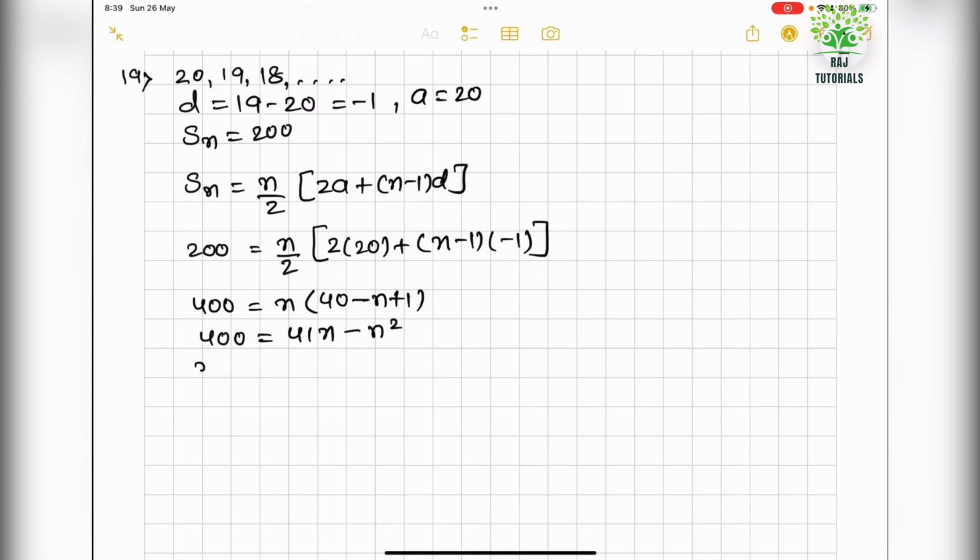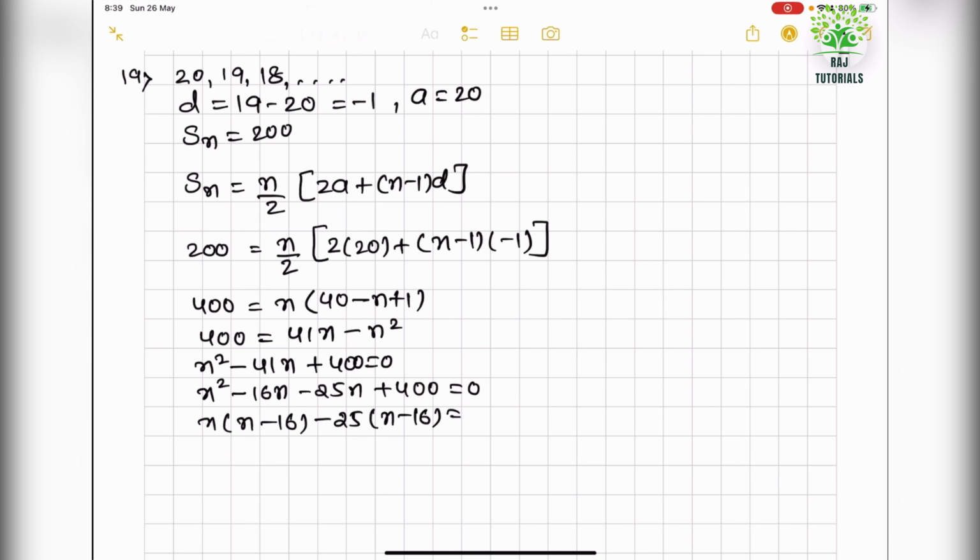So if I bring everything on one side, n square minus 41n plus 400 equal to 0. So 400, such factors whose sum is 41: 16 and 25. So n square minus 16n minus 25n plus 400 equal to 0. So n minus 16 or n minus 25 equal to 0. Therefore n equal to 16 or 25.